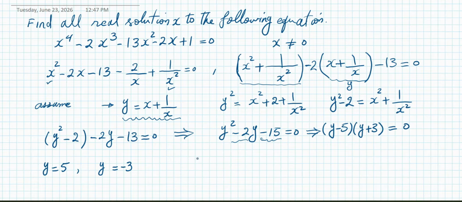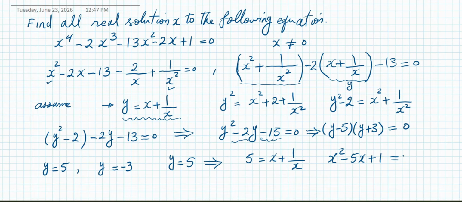So if we replace for y 5, 5 is equal to x plus 1 over x, multiplying both sides of this equation by x, we get x squared, and simplifying, minus 5x plus 1 equal to 0.